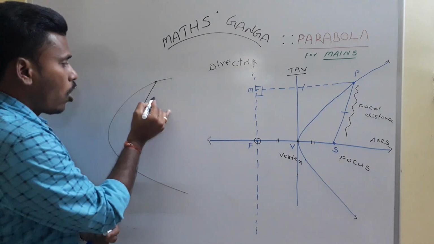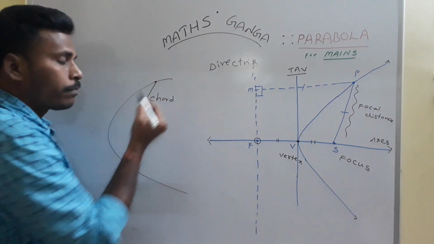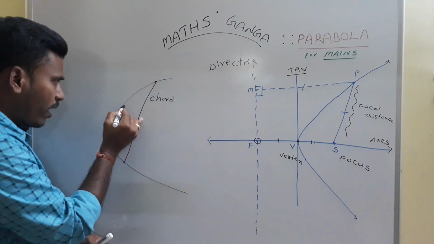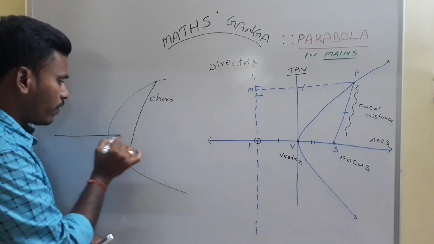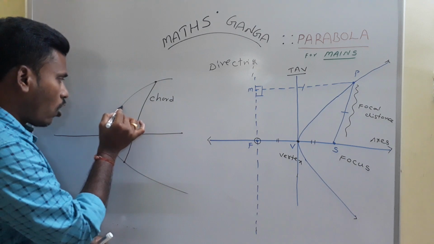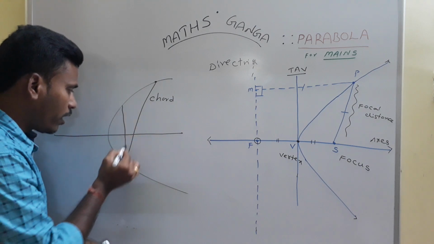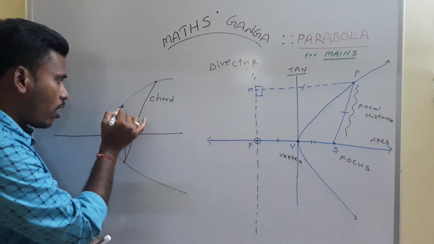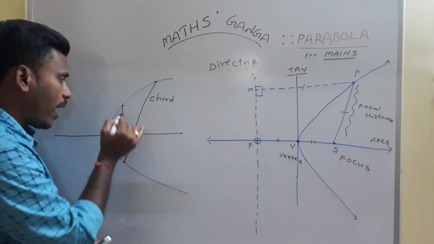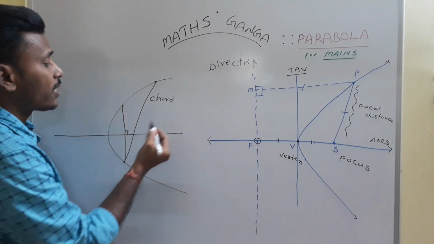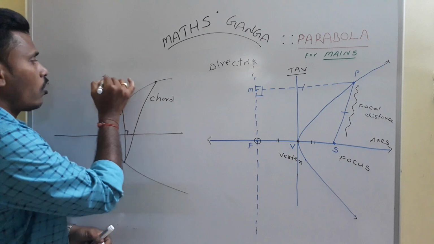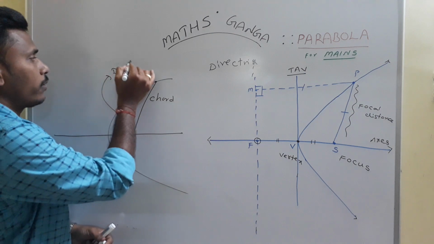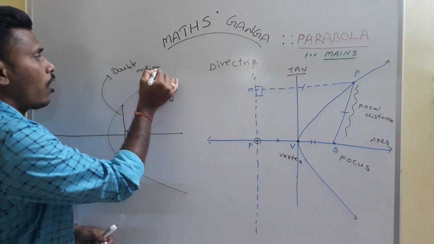And if you have a chord which is exactly perpendicular to the axis, it is usually called a double ordinate. Chord and then double ordinate.